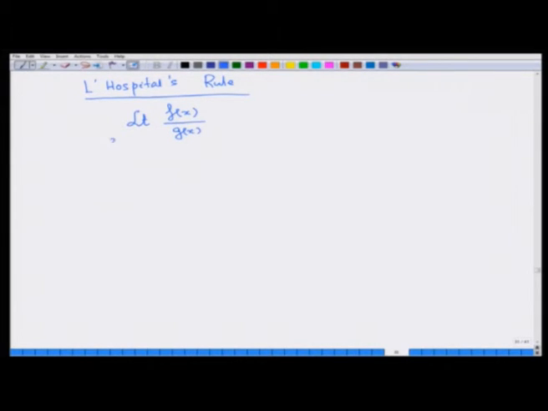trying to find limits of this form. Now, suppose f and g are both nice continuous functions, beautiful functions, but suppose f of a by g of a is in the form 0 by 0, then of course you cannot say I will just take limit f x by limit g x, because it is 0 by 0.